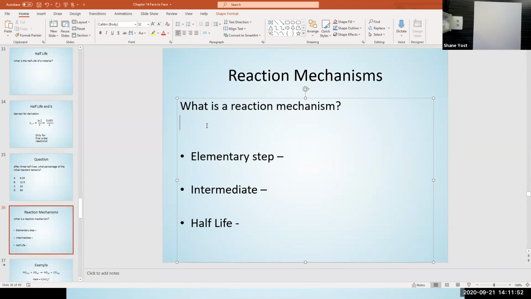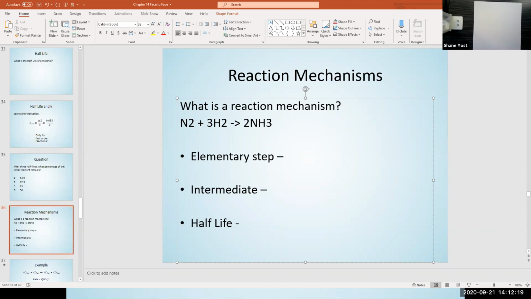Let's say I wrote out the reaction of H2 plus N2 going to 2 NH3. Let's say I write this reaction out. Is this a reaction mechanism?